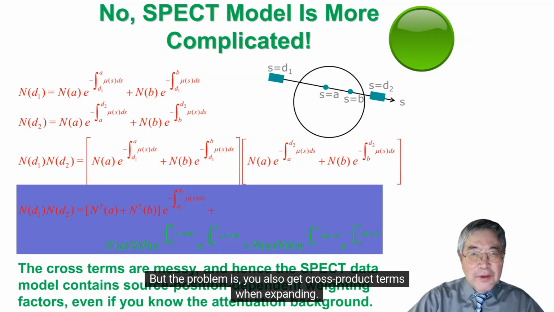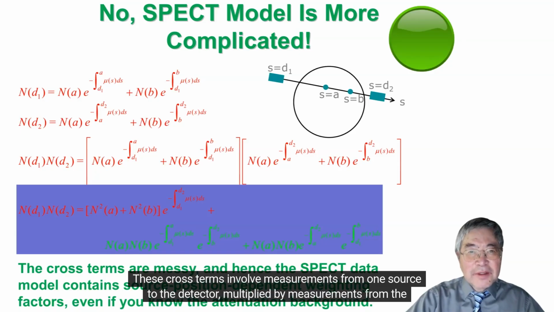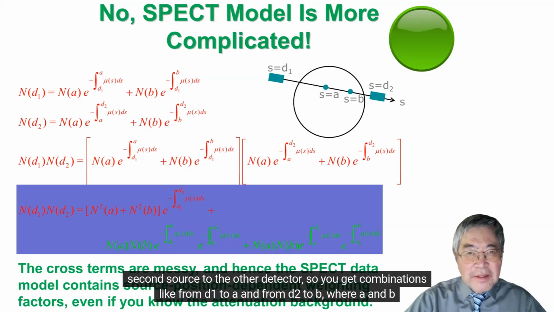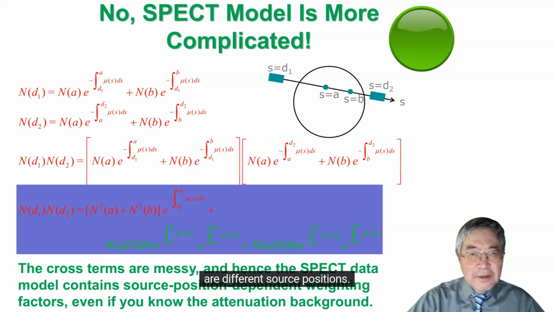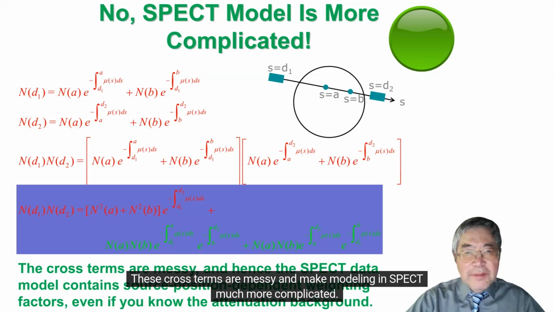But the problem is you also get cross-product terms when expanding. These cross terms involve measurements from one source to the detector multiplied by measurements from the second source to the other detector, so you get combinations like from D1 to A and from D2 to B, where A and B are different source positions. These cross terms are messy and make modeling in SPECT much more complicated.